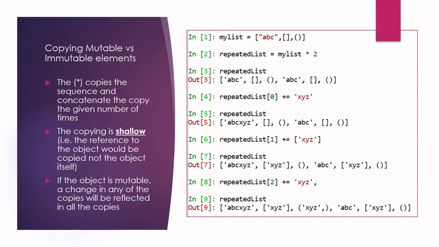So plus equal means I read the original copy, which is A, B, C, and I append x, y, z to it. This is the new value. All right. Where do I put this new value? The same object here? In a new object, right? So we have a new object. So let's say this is 999. And now the variable that was pointing to the old object is now pointing to the new object. Right?